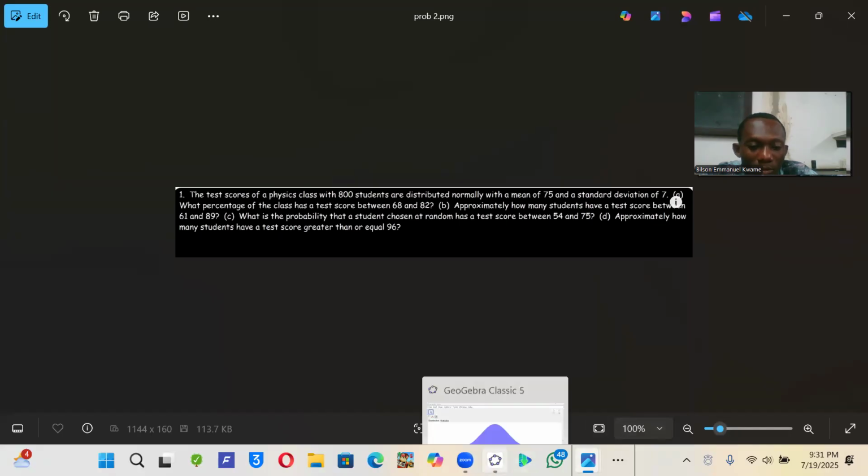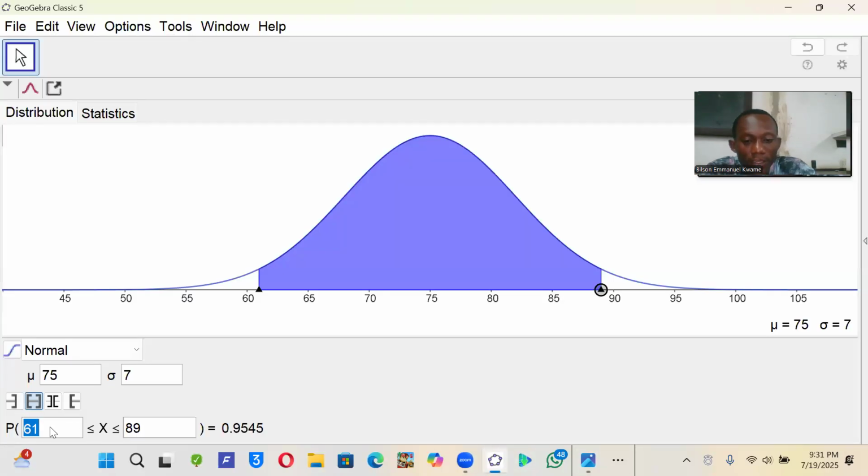So come to our GeoGebra app, 68 and 82. So the percentage is 68.27.